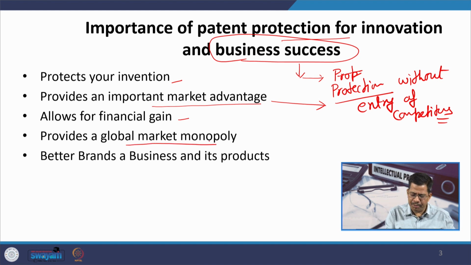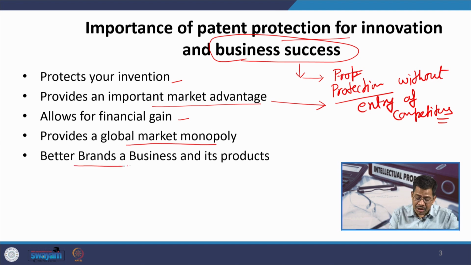Global market monopoly is only possible when you are able to protect your inventions in multiple markets. So, once you have IP in India, then obviously you will like to go for USA, Europe, Japan and many other countries, and wherever you are able to protect your IP, you will get a kind of monopoly in those markets.